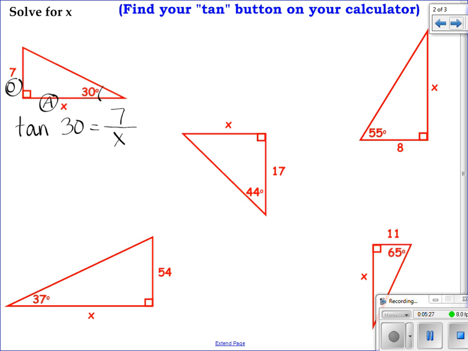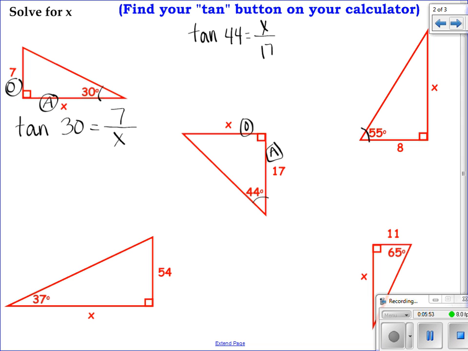So on this one, we have our angle. We've got 44, so we've got tan. We always put the angle here. And then we do opposite over adjacent. Same setup every single time.